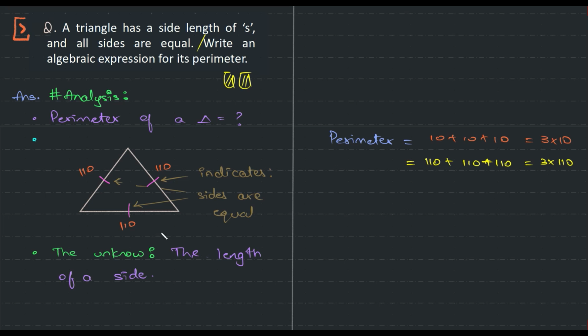If I know one of the lengths, by default all of them will be equal. So what is known? The number of sides, which is equal to 3. What else? I think this is good enough.